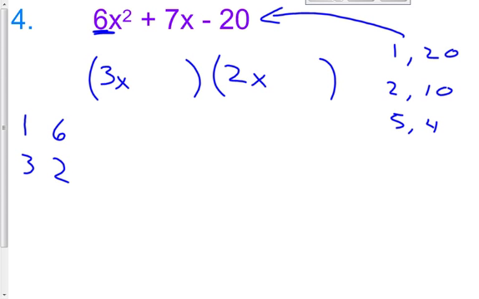So one of those factors, when I multiply one of them by the 3 and multiply the other one by the 2 in this 3x and 2x, has to get me a positive 7x in the middle. So with these possibilities, class, I just encourage you, try.